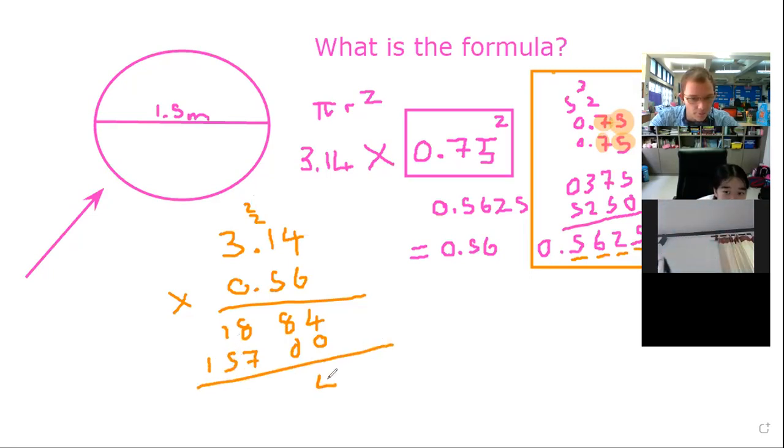So we're going to have a 4, an 8, a 5, 15 here, a 7, and a 1. 1, 2, 3, 4.